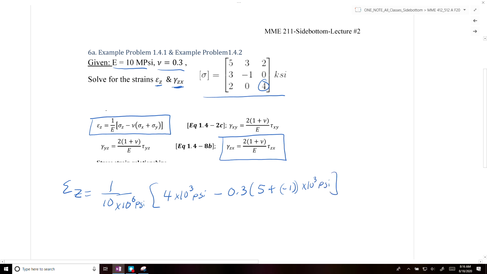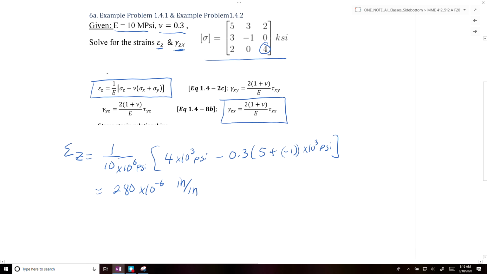If we put all that in, what we'll end up getting is epsilon z is going to be equal to 280 times 10 to the minus 6 inches per inch for the strain.